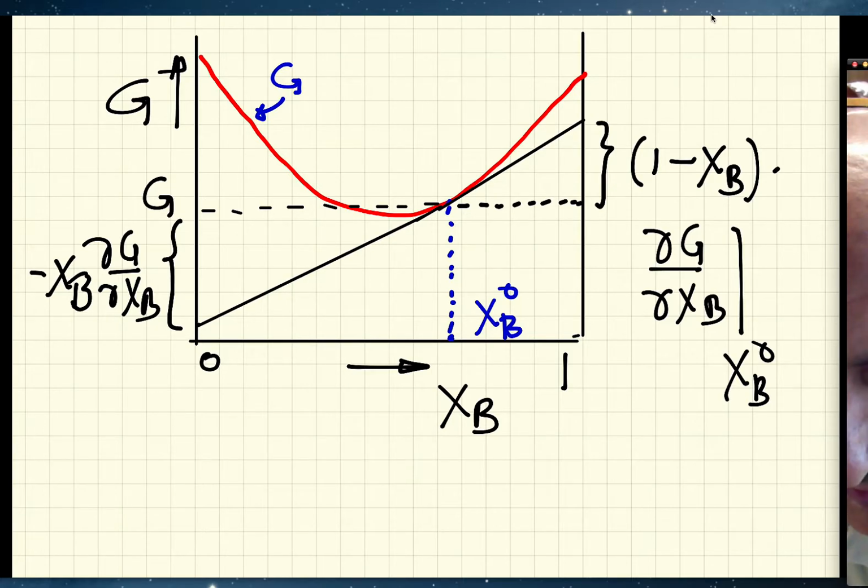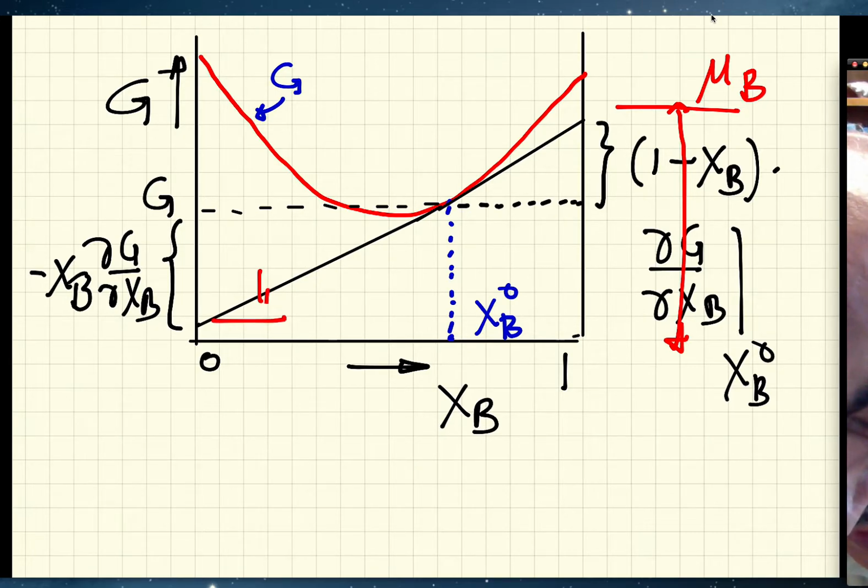So graphically, the height from this point all the way to the bottom is mu sub b, and the height from this level to the 0 is mu sub a. So mu is basically the intercept of the slope on both axes.